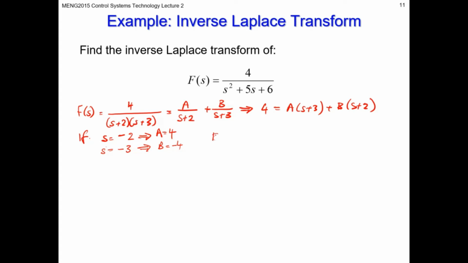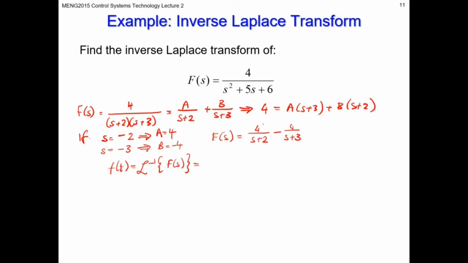And so now we can say f of s equals a, which is 4 over s plus 2, minus 4 over s plus 3. Right, now we want to get back to f of t. f of t is the inverse Laplace transform of f of s.